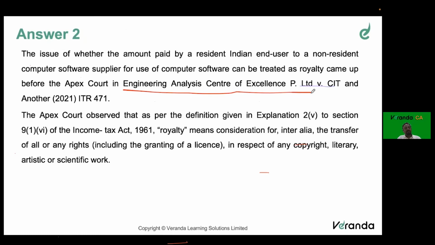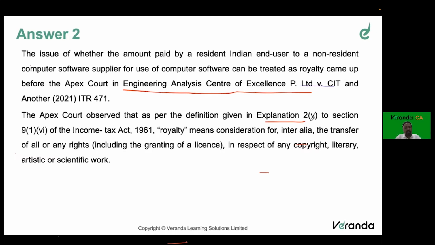In this case, the Supreme Court first came out with the understanding of royalty from the Income Tax Act. For any court or any interpretation, the first step is to understand the provision from our own Income Tax Act. Only then you go to the treaty. So what does the Income Tax Act provide about royalty?